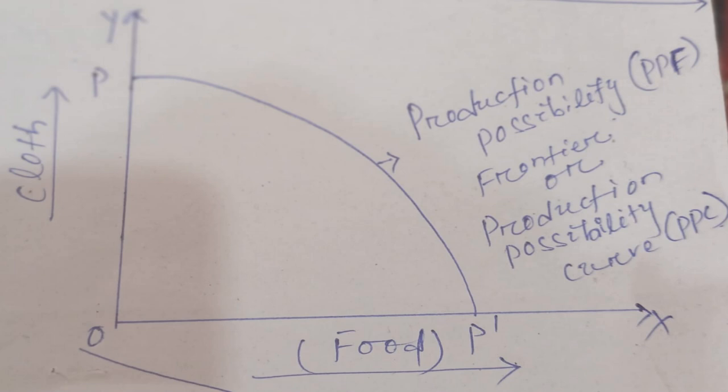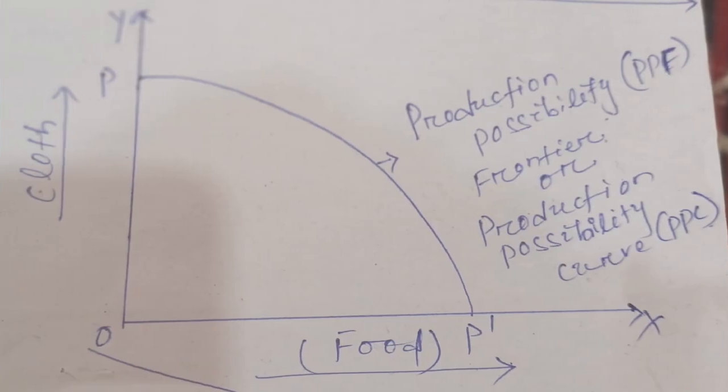In the vertical axis, we have represented the amount of cloth that could be produced by an economy by employing all of its resources, that is OP. By joining these 2 points, P and P dash, we derive the production possibility curve, which is concave.